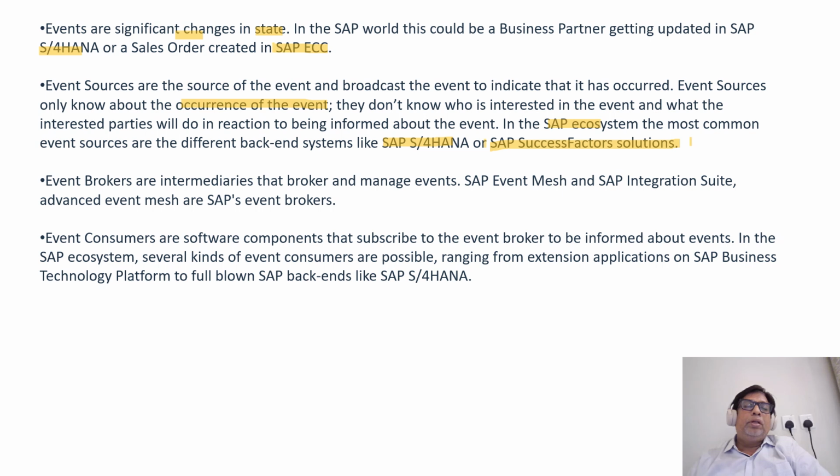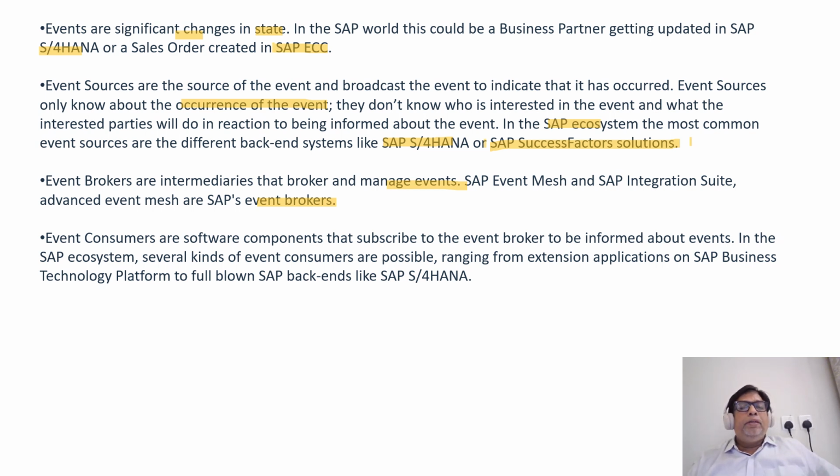Event brokers are actually intermediaries. Most event brokers are intermediaries that manage the events, such as SAP Event Mesh, SAP Integration Suite, Advanced Event Mesh, and Advanced Event Mesh brokers. A broker acts as a mediator between the producer and the subscriber.